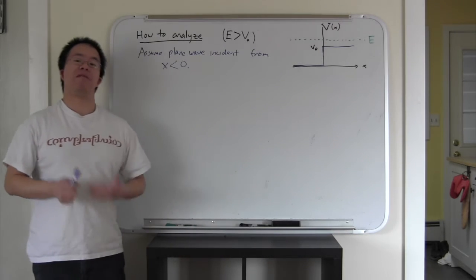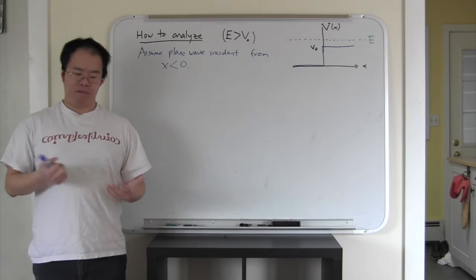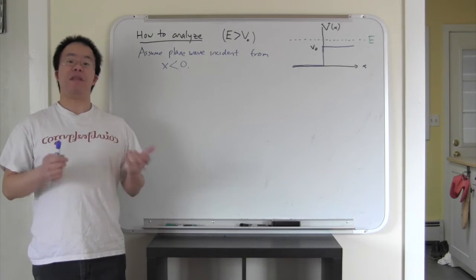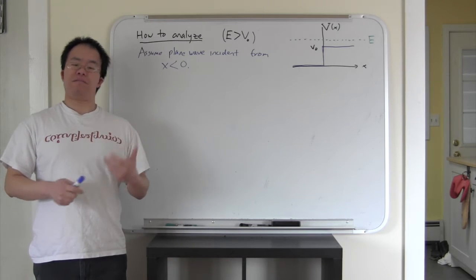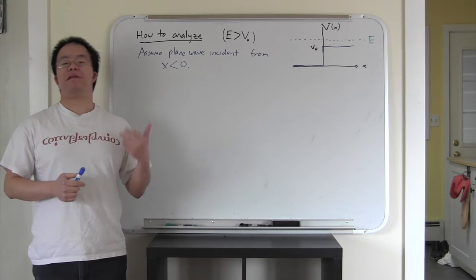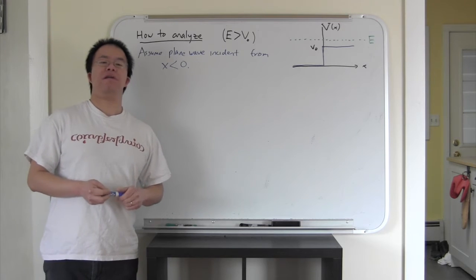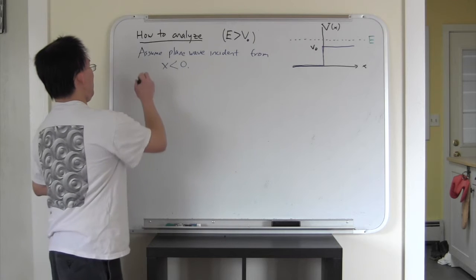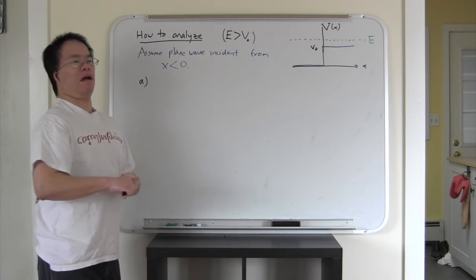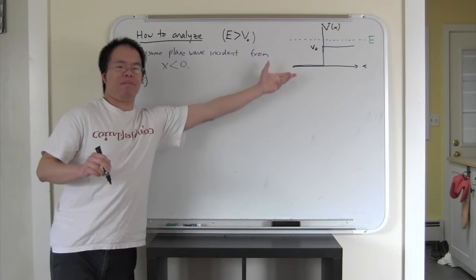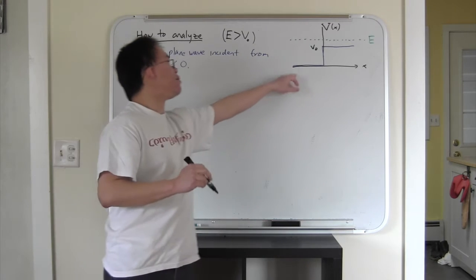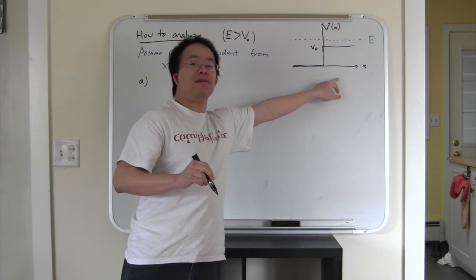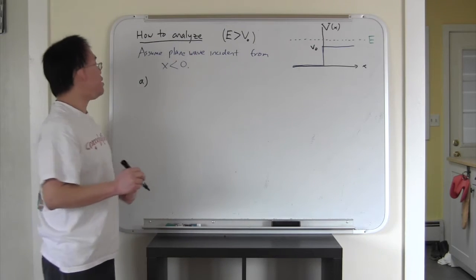So previously we talked about a general procedure for solving the time-independent Schrödinger equation. That's what we're going to do here, and these are not bound states, but the overall procedure is still pretty similar. To outline what we're going to do, we have a piecewise potential energy here. Here the potential energy is 0, but for x greater than 0, V is equal to V naught.